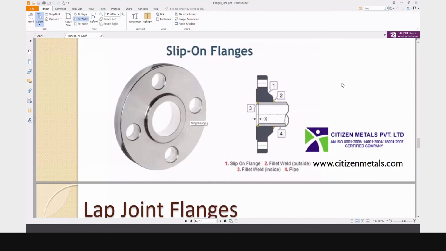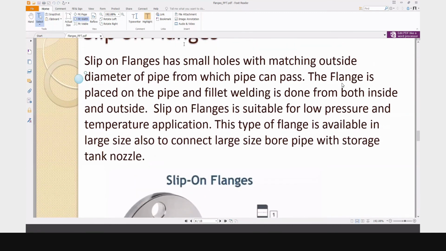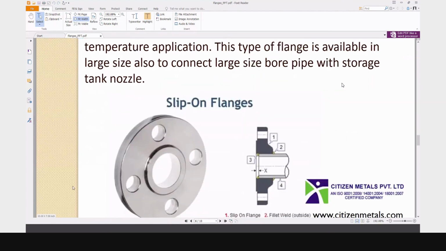That is why this type of flange is known as the slip-on flange. The hole matches the outside diameter of the pipe, so the pipe can pass through this hole. There is no barrier, so it can slip. That is known as the slip-on flange.